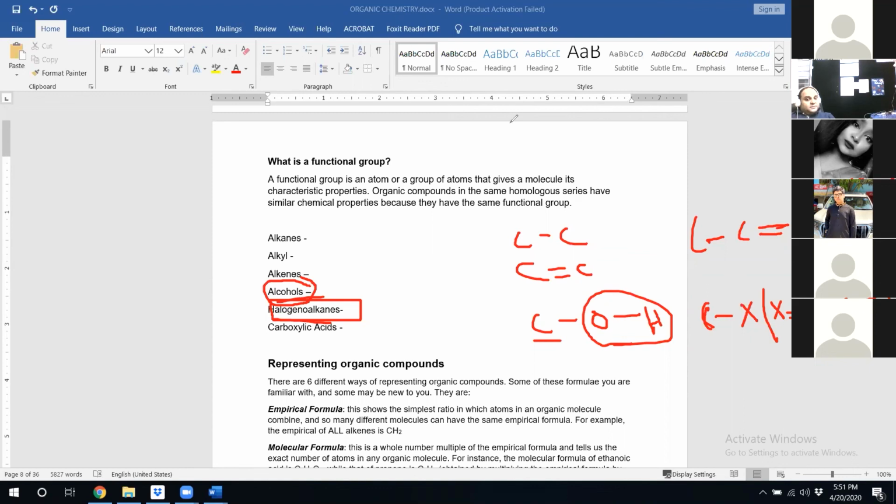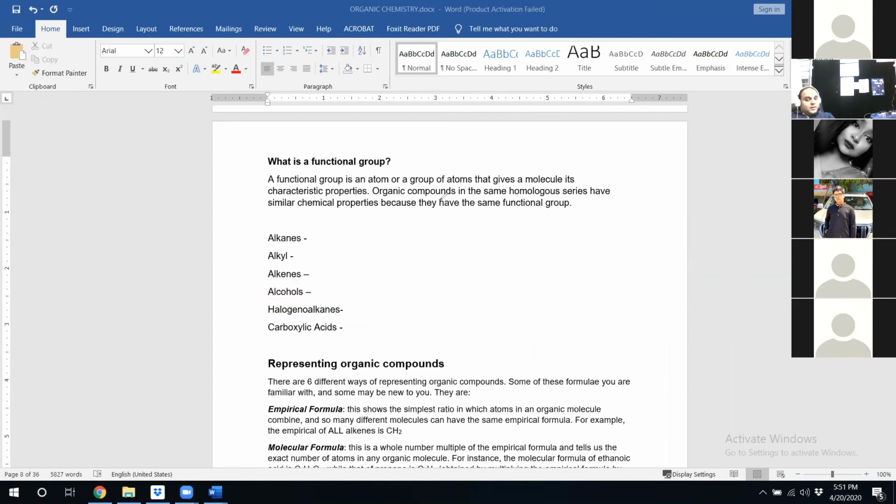And eventually, we have carboxylic acid. In carboxylic acid, a carbon has to be bonded to oxygen, and then this carbon also has to be bonded to an OH group. This in total is known as the carboxylic acid. So alkane is carbon-carbon single bond.